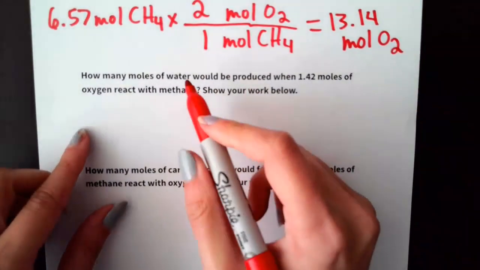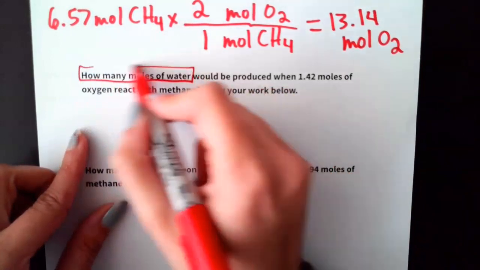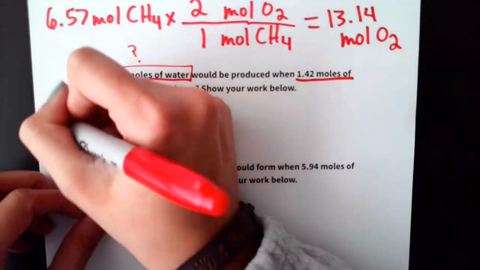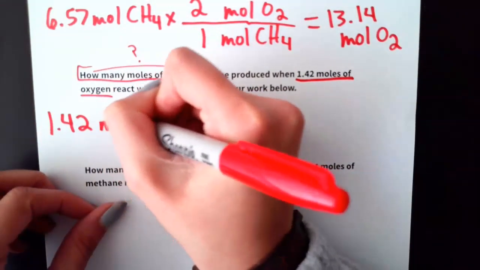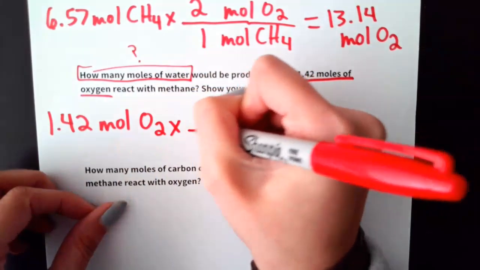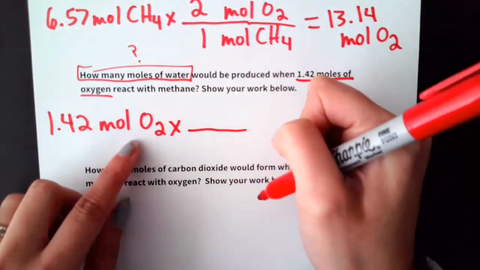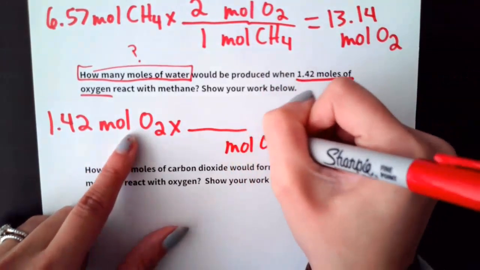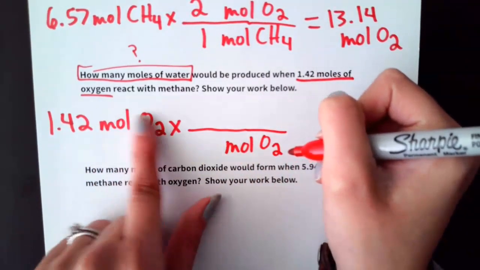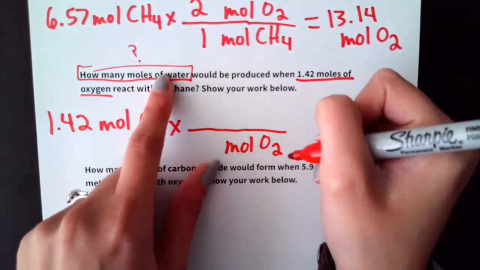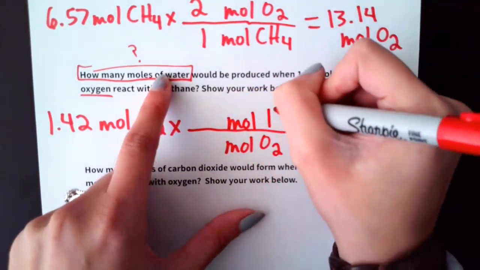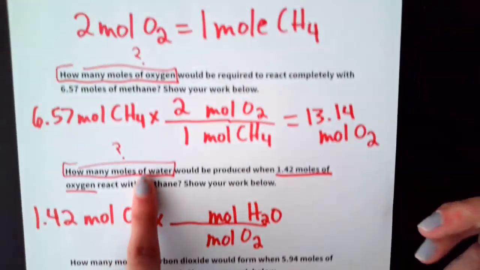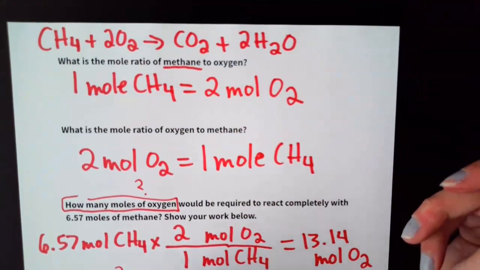So nothing is changing here, all right? How many moles of water, that's what we're looking for, would be produced when 1.42 moles of oxygen, so 1.42 moles of O2, react with methane. Show your work below. So here's moles of O2. We would have to put moles of O2 on the bottom in order to cancel out. We're trying to get to moles of water, so we put that on the top, and then we're going to come back up here and look at our equation.